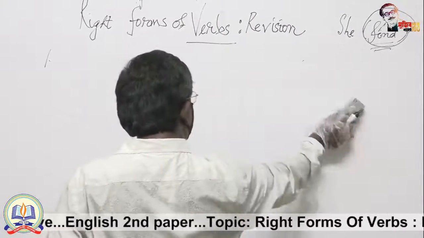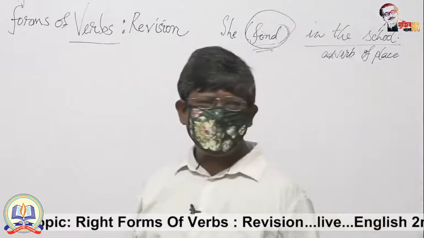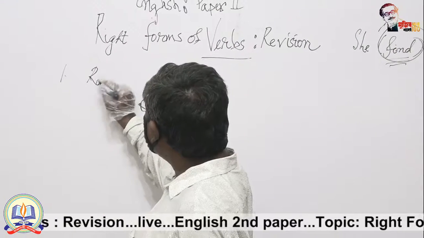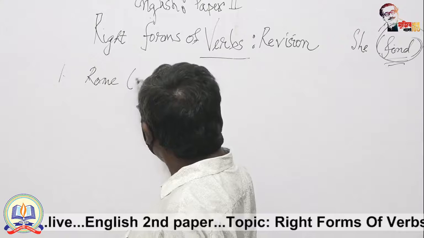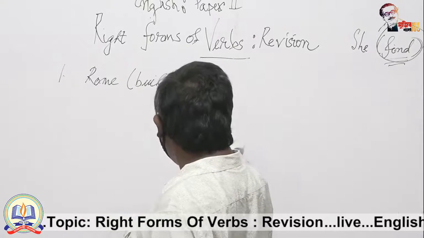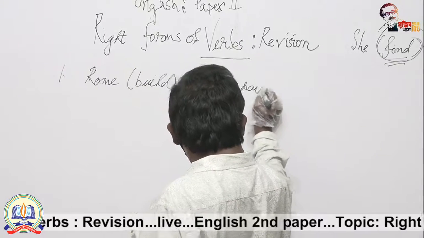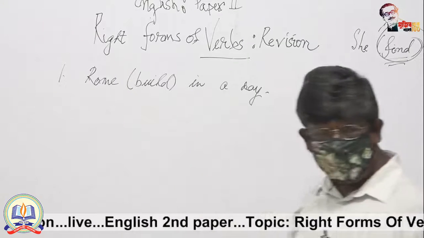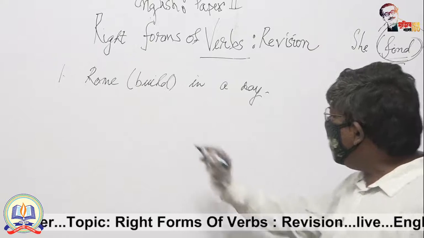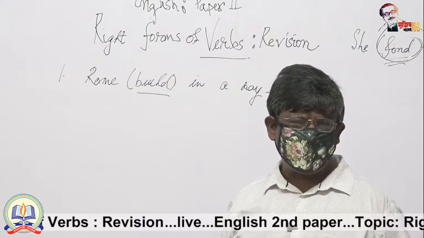When we were students, we had very commonly a sentence in the question paper. You may get it in your guidebooks. Rome built in a day. You know, Rome is the name of a historical city, and build is always a transitive verb that needs an object.